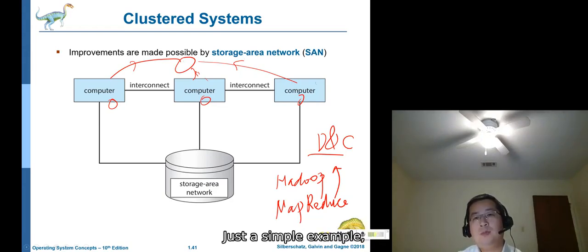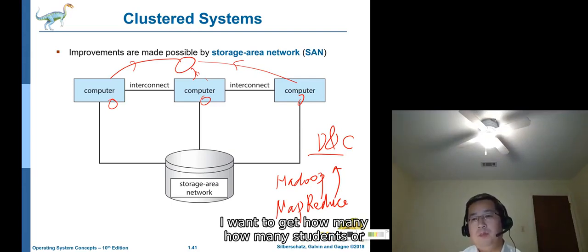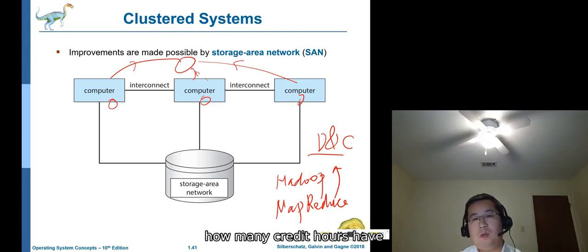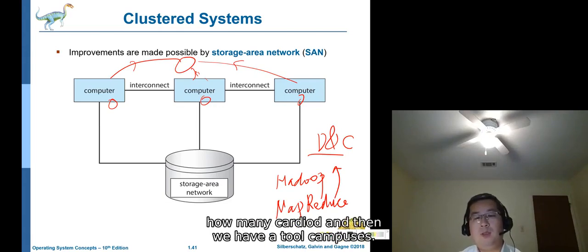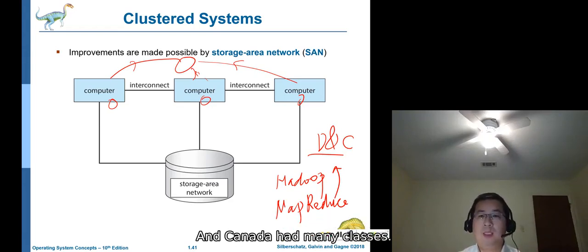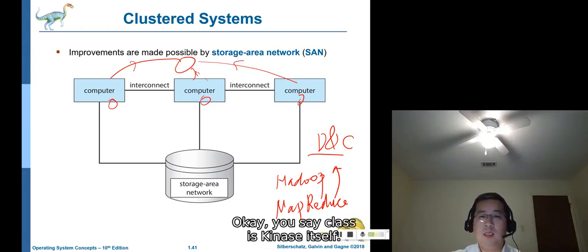Just a simple example: I want to get how many students or how many credit hours there are in total for this semester. We can count each class, right? We have two campuses, and each campus has many classes. Each class counts itself and gets a number, and then sends this number to a master node, which combines the results together.